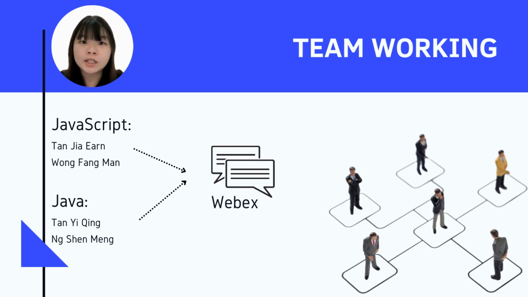In this work, it is fortunate that we have members that are good in Java and JavaScript. For example, Jia Earn and I are good in JavaScript, so we will work on the JavaScript file and make sure that it's running well. However, Shen Meng and Yi Qing are good in Java, so they will work on the Java code.